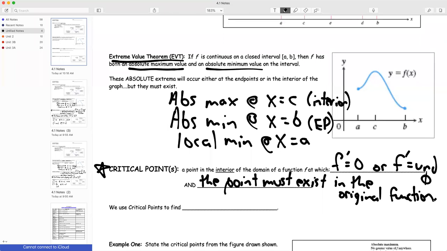So I cannot have a critical point if the point doesn't exist. But the definition of a critical point, it's got to be in the interior, number one. The derivative must be 0 or the derivative must be undefined. And that is implying that the point actually exists in the original function.